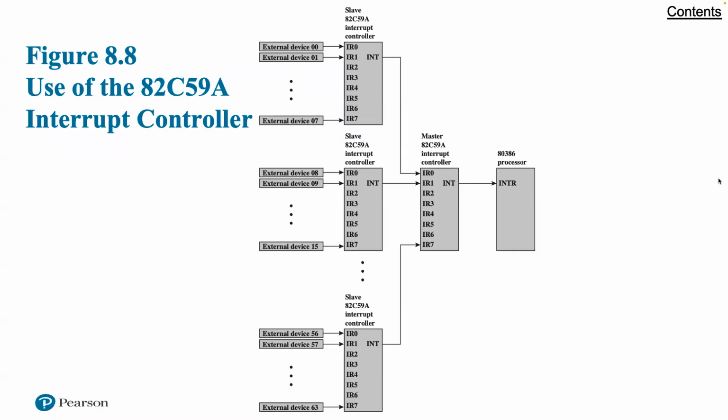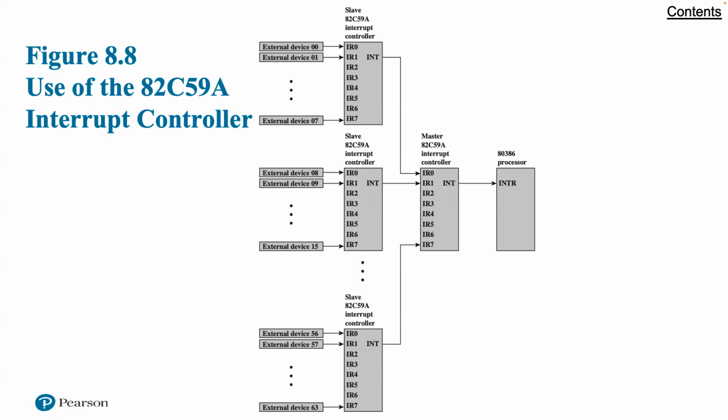Well, let's look at the use of the 82C59A interrupt controller. The Intel 8386 provides a single interrupt request, INTR, and a single interrupt acknowledge, INTA, line to allow the 8386 to handle a variety of devices and priority structures.